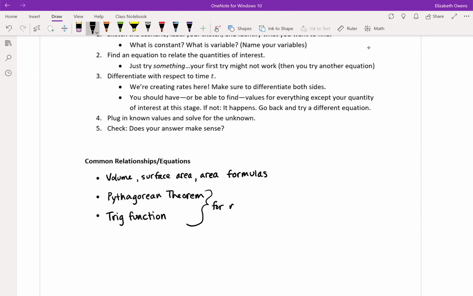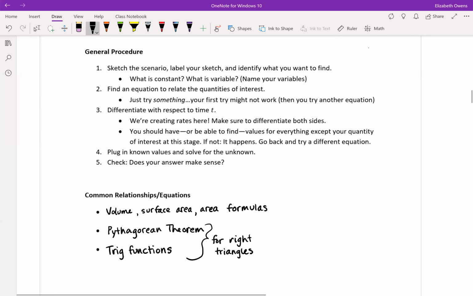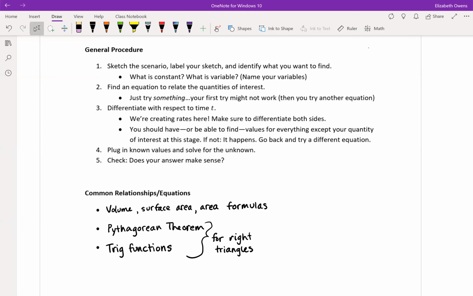Okay, so for right triangles, keep in mind your Pythagorean theorem and your trig functions, sine, cosine, tangent, etc. So those are some of the ones you'll see more often here. So it gives you a nice place to start. All right, so there we are. That is related rates.